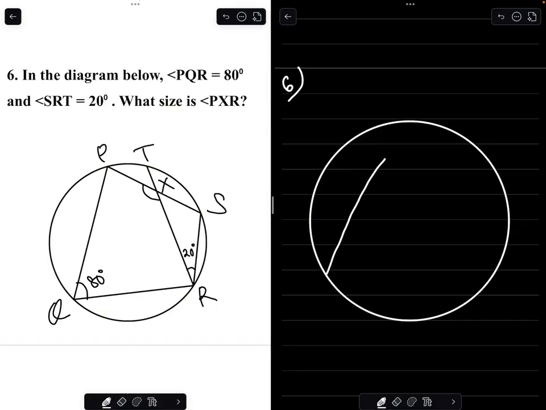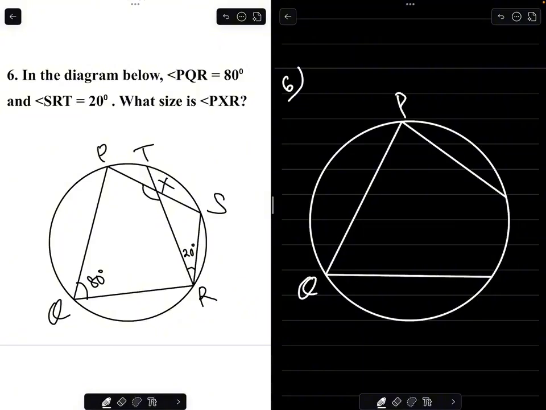Now, this is QP. There's a line here, and this goes this way and this way.